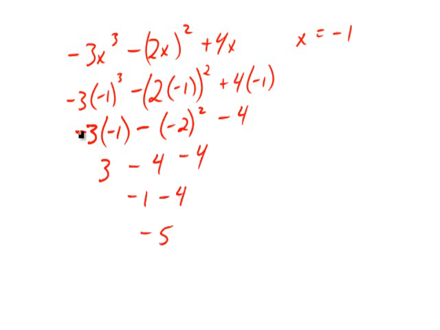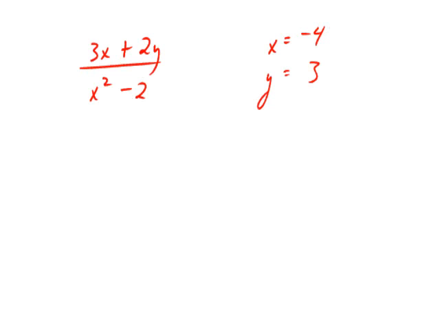Something else that may occur in evaluating expressions is having more than one variable in the expression. For example, 3x plus 2y over x squared minus 2. And we want to evaluate that when x is negative 4 and y is positive 3.